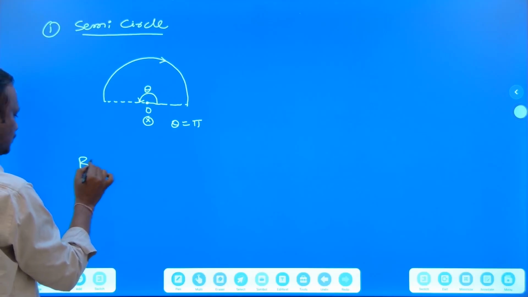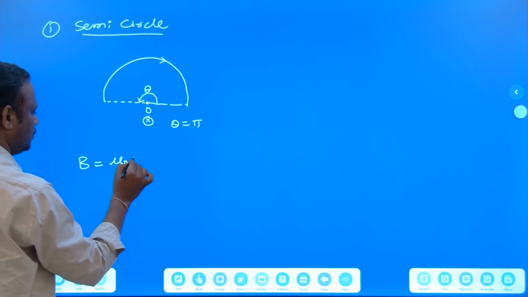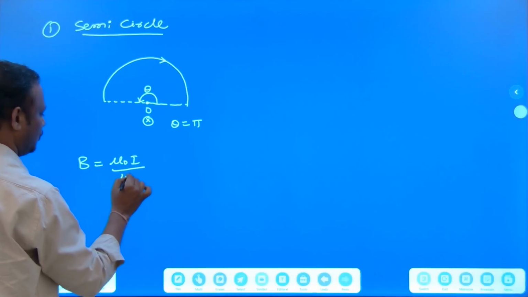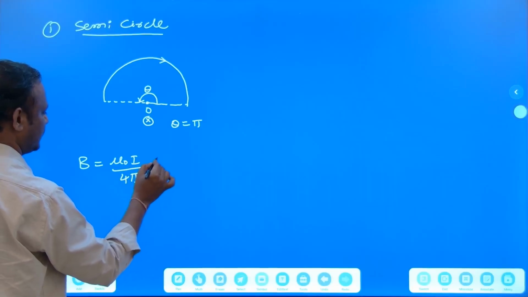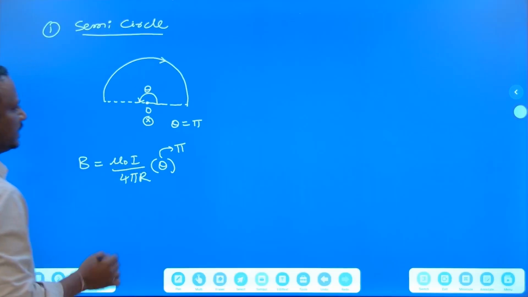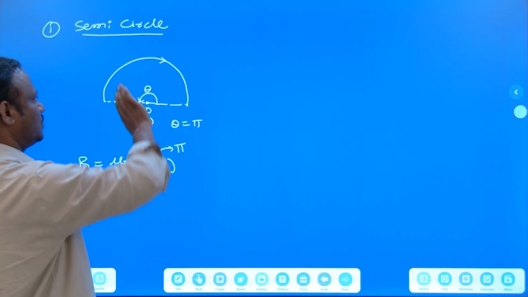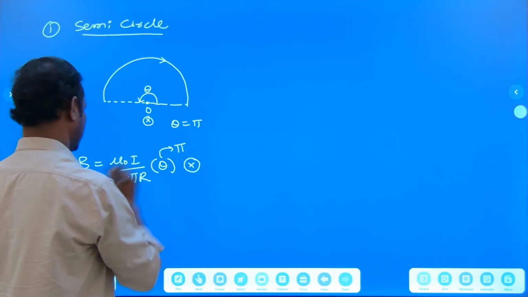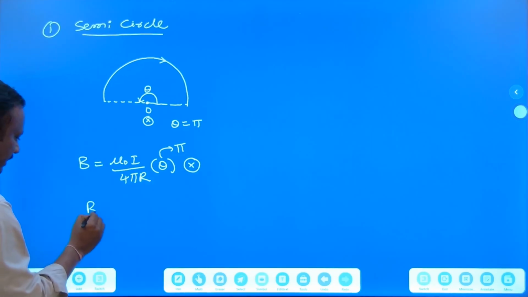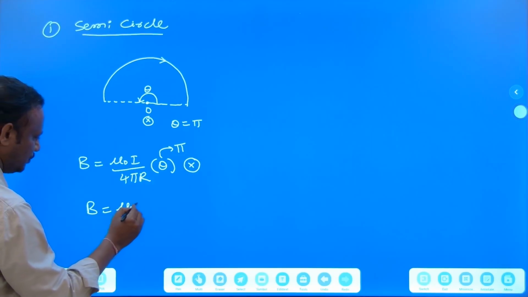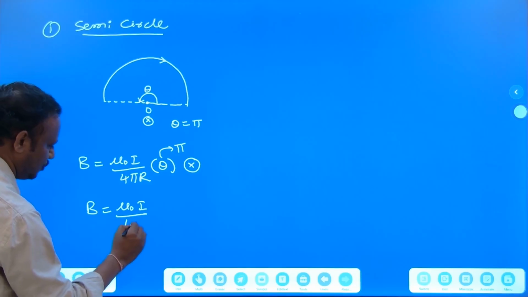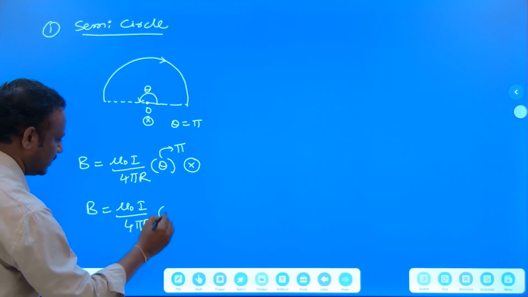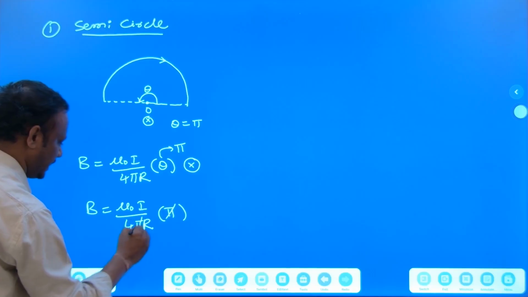So what's your formula? B is equal to mu naught I by 4 pi r times theta. Theta must be in radians, this is pi, and it is into the plane, which is cross. So B is equal to mu naught I by 4 pi r times pi, and pi cancels.